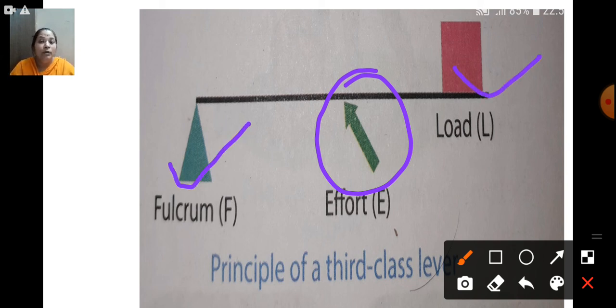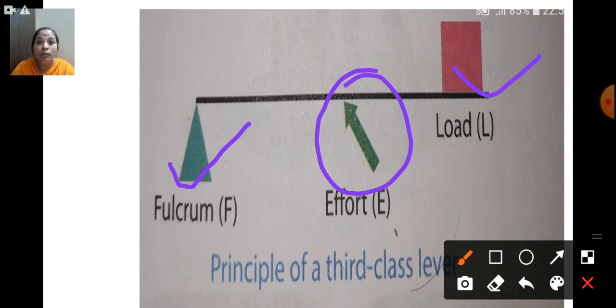Now, today's homework. First, what have we studied today? We have studied the basic six types of simple machines, and we also studied about lever, the arrangement of lever and the three types of lever, and how the principle of the three levers shows the arrangement of fulcrum, effort and load.